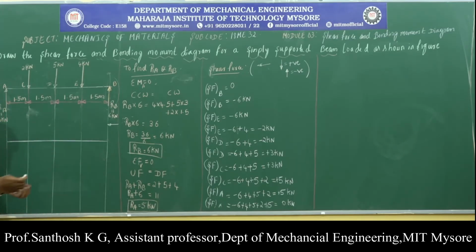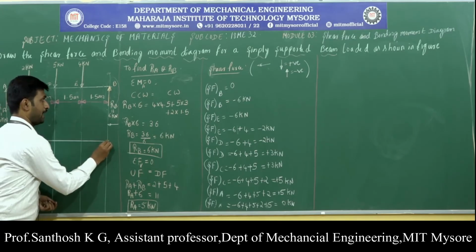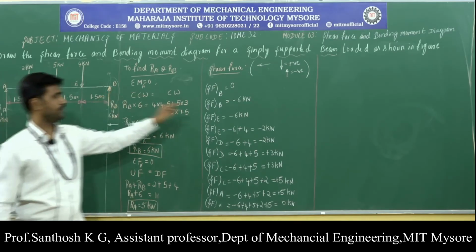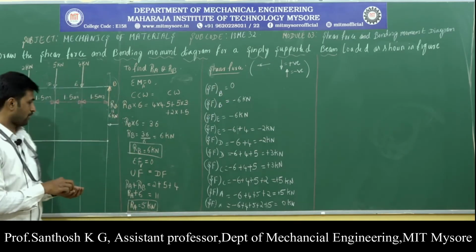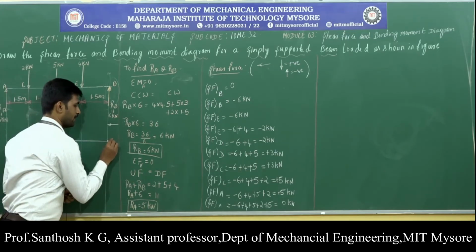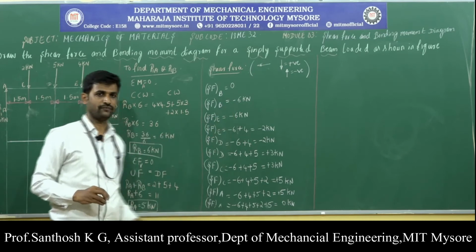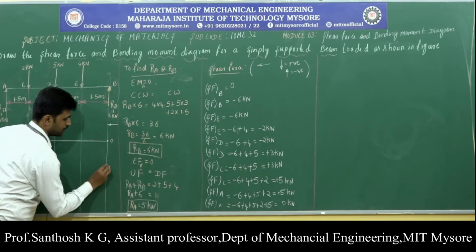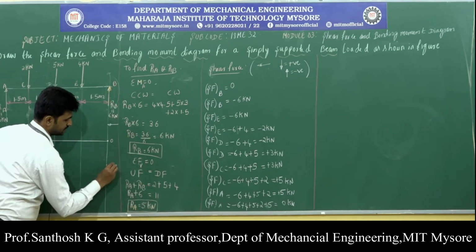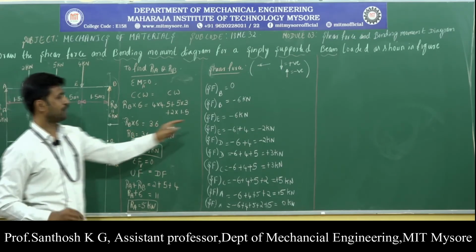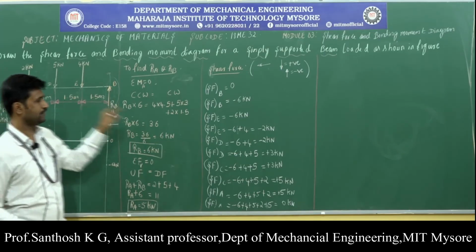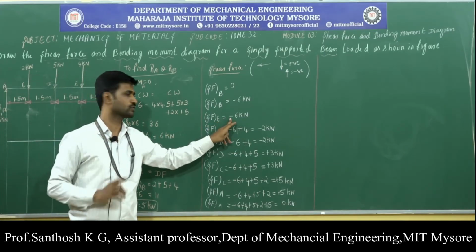Now, we know that at point B, we are having two forces. One force has a magnitude of 0 kilonewton and the second force has a magnitude of minus 6 kilonewton. Now, at point E, we are having two forces.